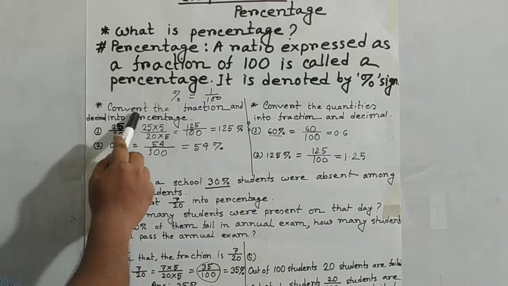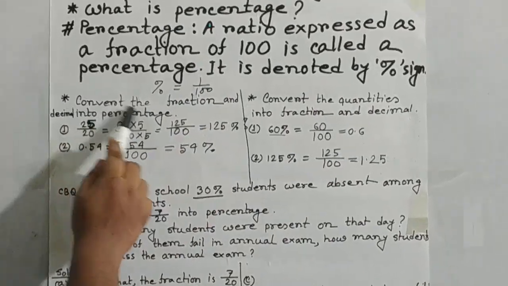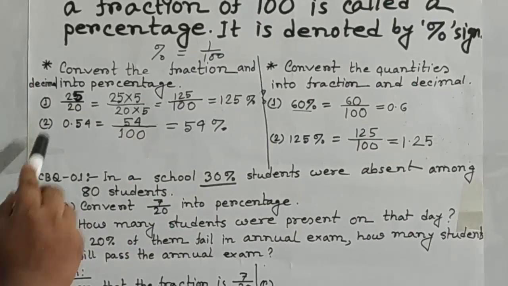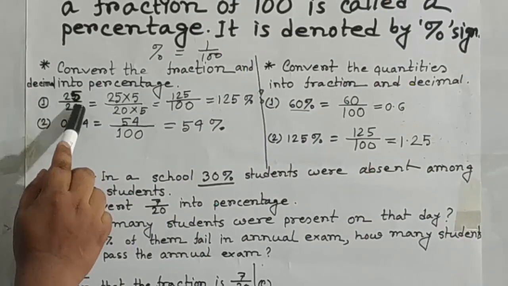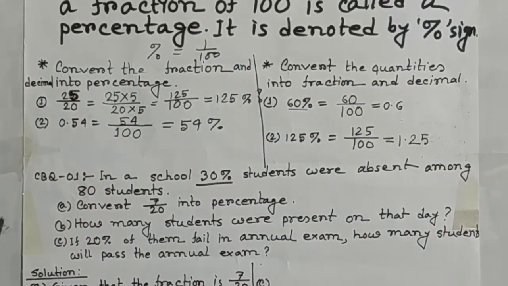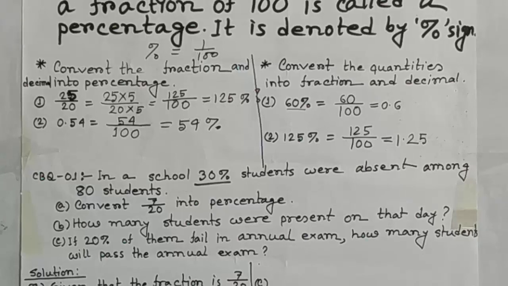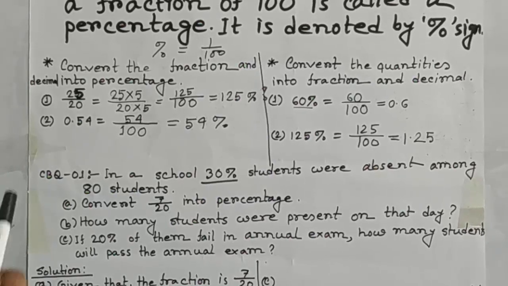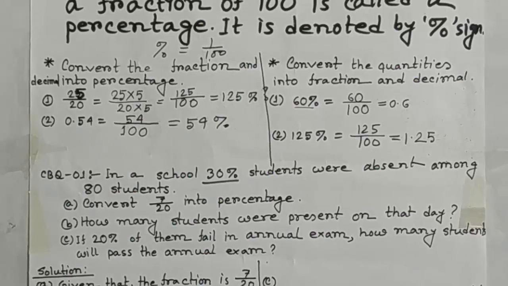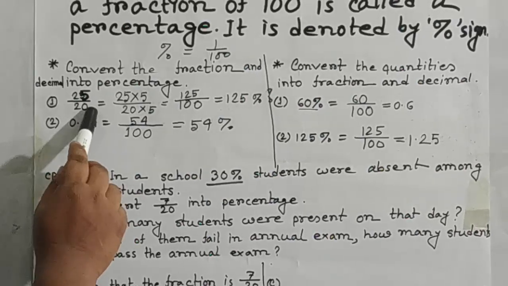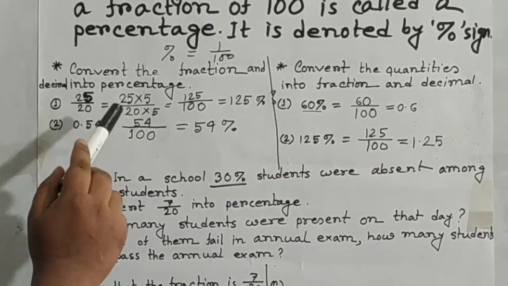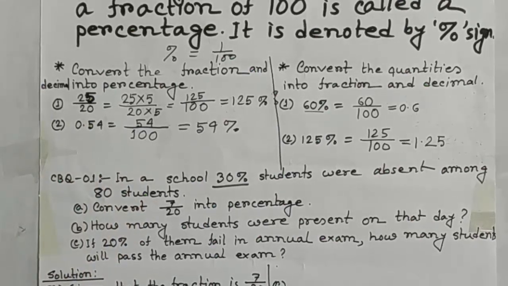Now we want to convert the fraction and decimal into percentage. How can we do it? Suppose the first fraction is 25 by 20. We need to convert this into percentage. In order to convert it, we know that the denominator must be 100. To make 100, we divide 100 by 20 and we get 5.